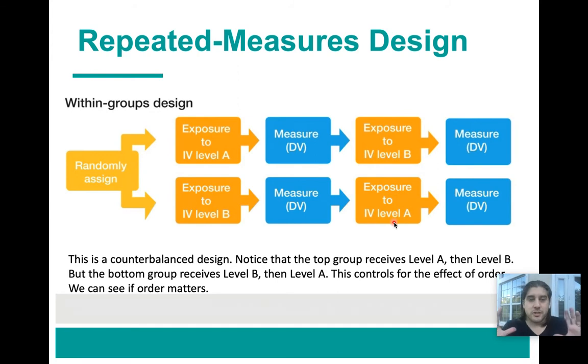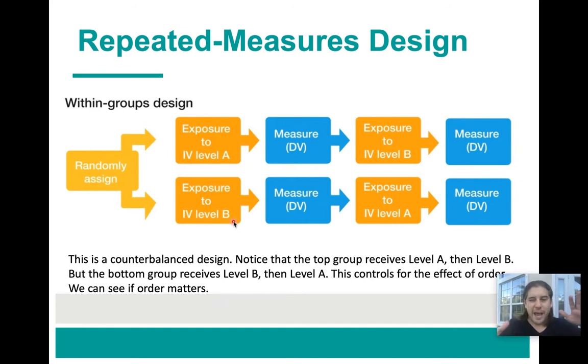And so this allows us to compare these two groups to see if the order of the exposure of the independent variable matters. So maybe the first group gets their own toddler and then someone else's toddler. And then the second group gets someone else's toddler first, and then they get their own toddler second.